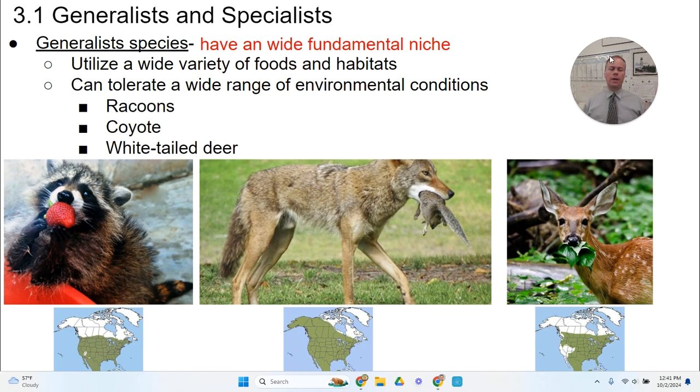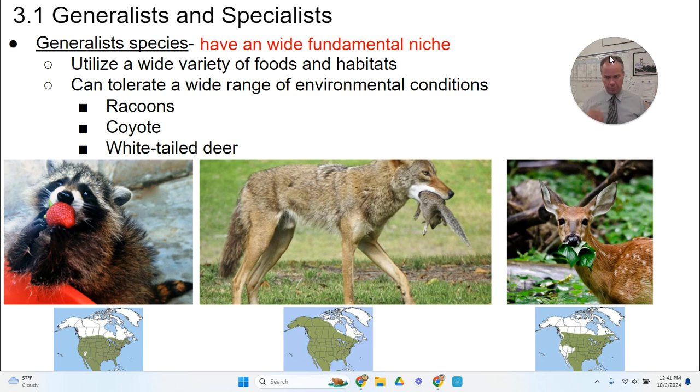If you remember what that means, the niche is the role an organism plays, all the factors that it requires in terms of abiotic conditions, energy supply, habitat, etc. So a generalist species can use a very wide variety of habitat conditions, can consume a variety of foods, has a wide range of abiotic conditions in which it can be successful, and so it can lead to these species being able to exist in a large variety of habitats.